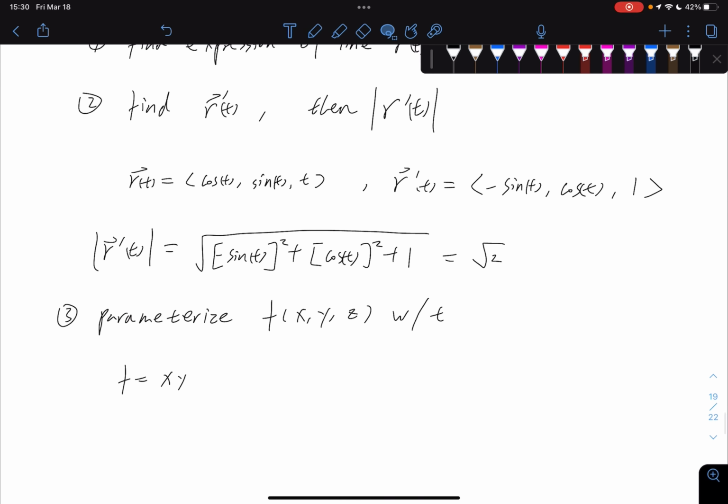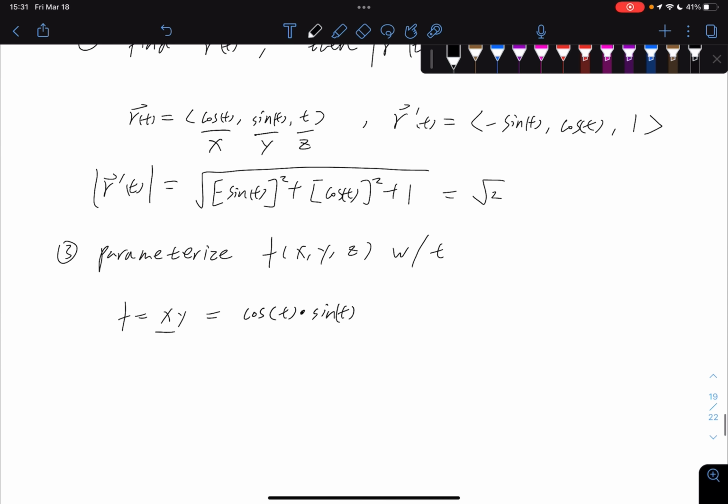We are going to replace x with the x component of the line expression, not r prime though, just r, the expression of the line, not the time derivative of r. So this is the x coordinate, this is the y coordinate, this is the z coordinate. Wherever I see x, I replace it with whatever I have in r. So that's cosine t, and then y is just sine t, so cosine t sine t.